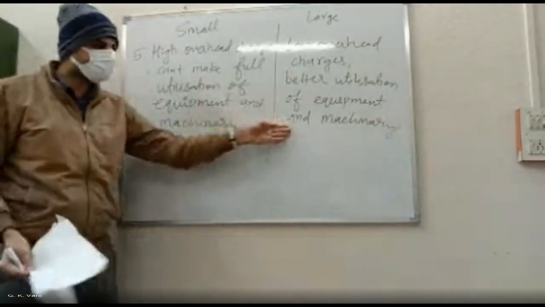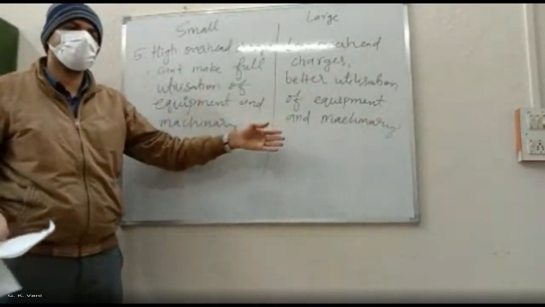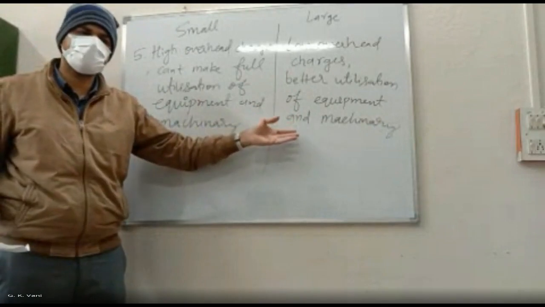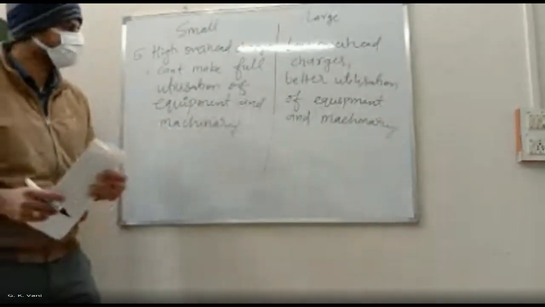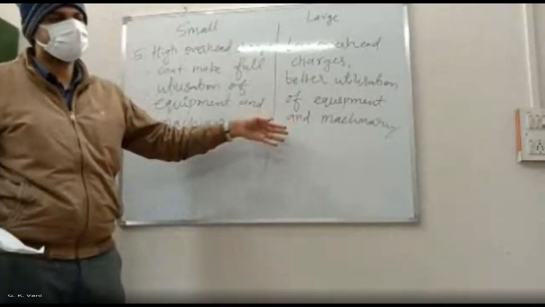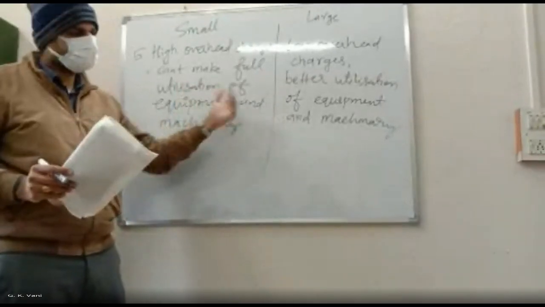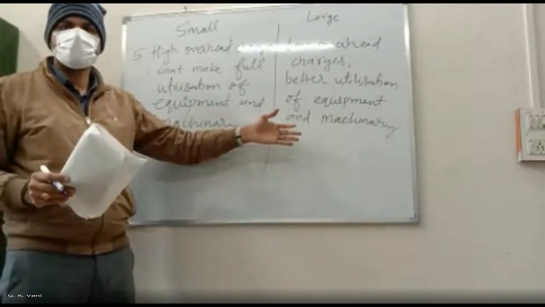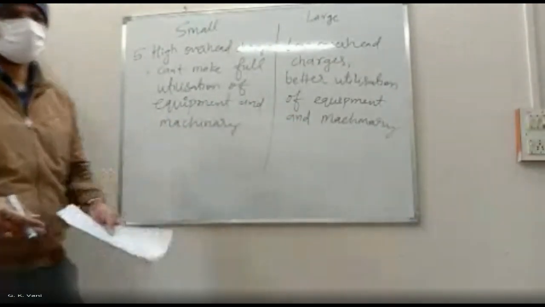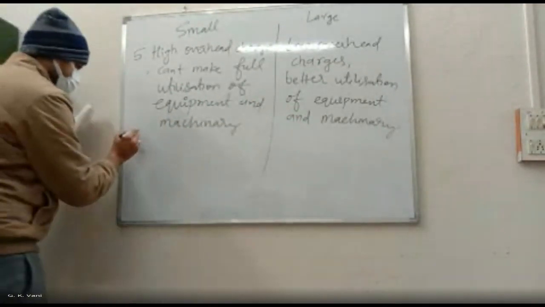Why better utilization? Because they may have 8 hectares, 10 hectares of land, or even 50 hectares. So whatever machine is there is utilized to the full extent, and they can have more crops compared to small farms. More crops means even diversified use in different enterprises.